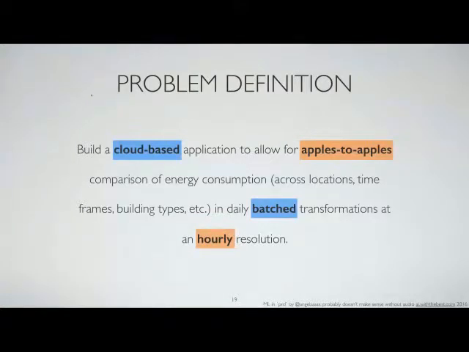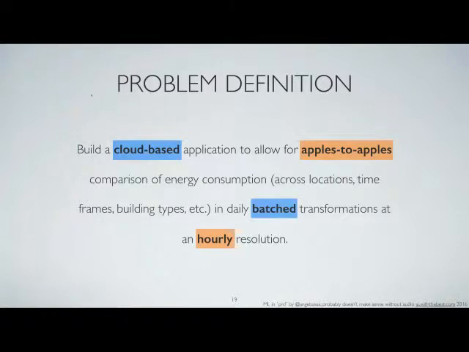Now, let me explain the colors. Before, when I showed you the Venn diagram of research and development, I used the amber and blue colors to shade the different sides of that, and the intersection was green. So here, being able to deploy in a cloud-based fashion is an engineering problem. That's much more towards the development end of the spectrum.